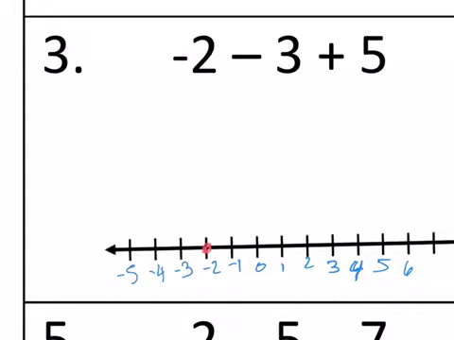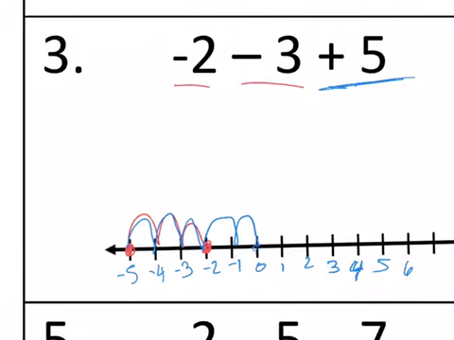Find it right there. Negative 2, got it marked. This means go 3 steps in the negative direction. 1, 2, 3. Gets us to negative 5. And then 5 steps in the positive direction. 1, 2, 3, 4, 5. We get 0.